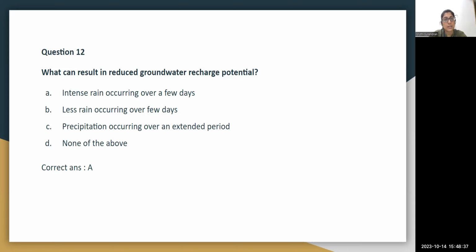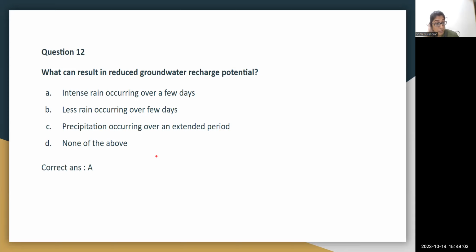If this rainfall is uniformly distributed over several days, then only, so if 5 centimeters of rainfall is occurring in 5 days and 5 centimeters of rainfall is occurring for a span of 20 days, then most of the water that is falling down as rainfall will enter into the soil subsurface in the form of infiltration.